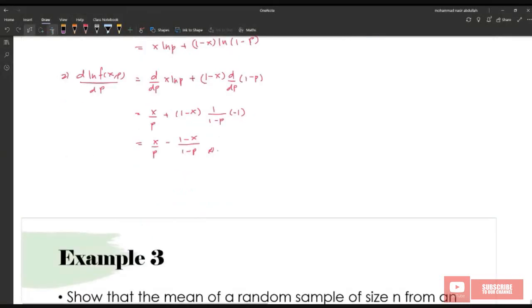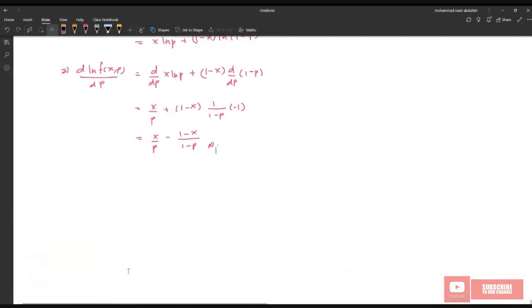Let's say I'm using the first formula in MVUE. Let's say I use the second derivative of ln f(x; p) with respect to p, right? So this one should be d/dp of x over p minus d/dp of 1 minus x over 1 minus p. So this one should be equal to negative x p to the power of negative 2.